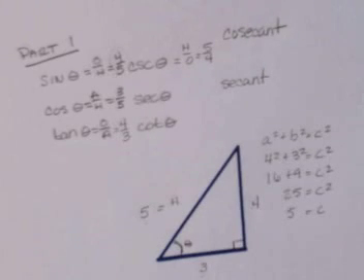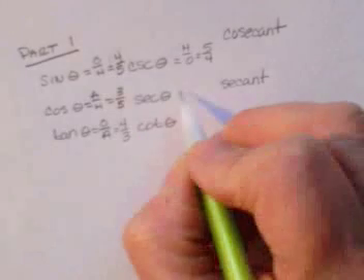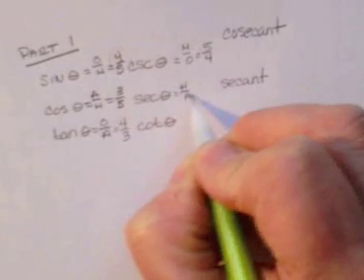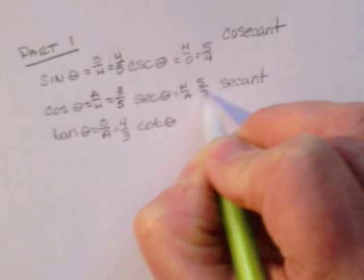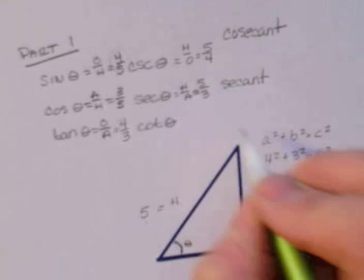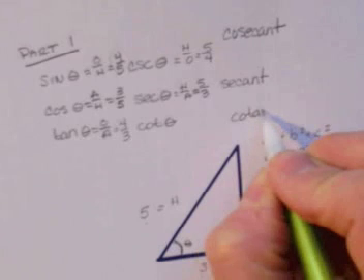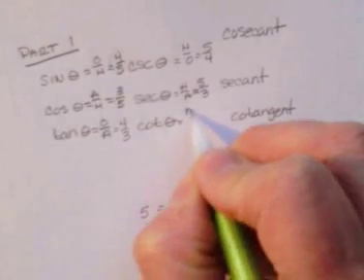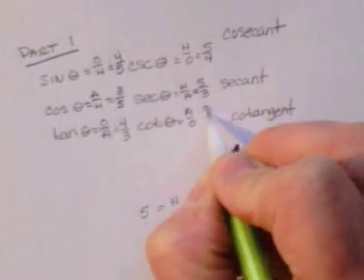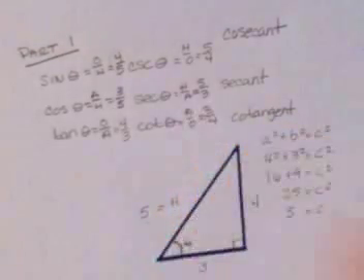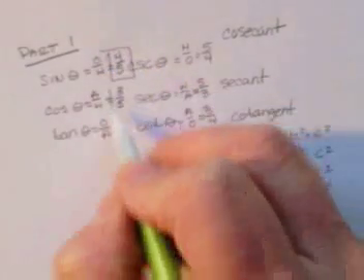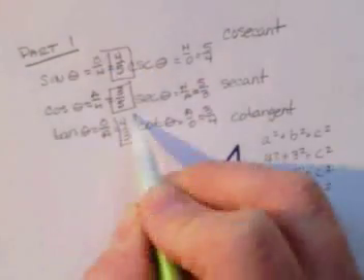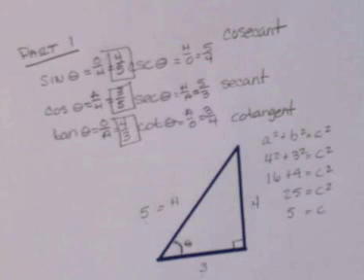Secant is defined as the reciprocal of cosine, so it would be hypotenuse over adjacent, or 5 over 3. And cotangent is going to be the reciprocal of our tangent ratio, so it's adjacent over opposite, which is 3 over 4. So these are my 6 trig ratios for my nice little 3, 4, 5 triangle for angle theta.